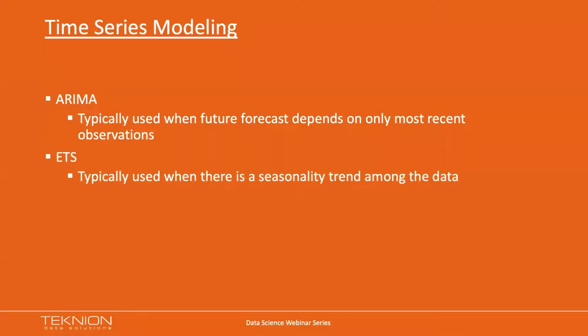And then ETS on top of that is typically used when you see, all right, hey, there's a strong seasonality trend in the data, okay? So are there other models that can kind of get the best of both worlds? Absolutely. So we can do something like growth mixture models, or something like that would give us the best of both. Okay, so we notice the seasonality, but there's also a trend in there.